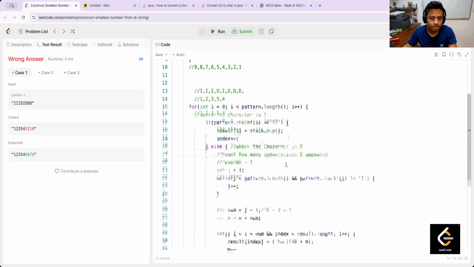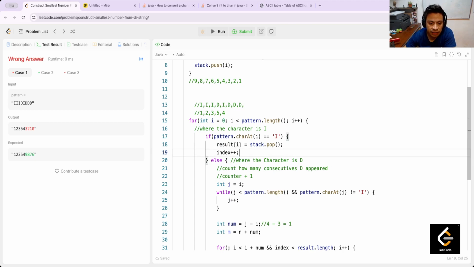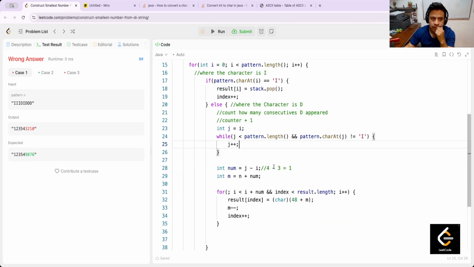Sorry. Now here I take this and continue with the next. But where this happened, I need to count how many, and in this case it means that it is n plus 1.